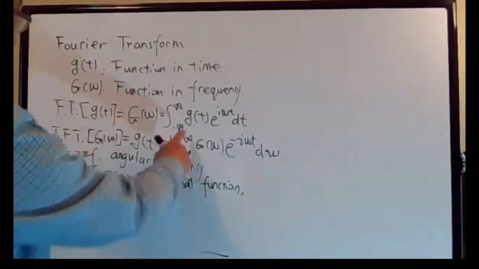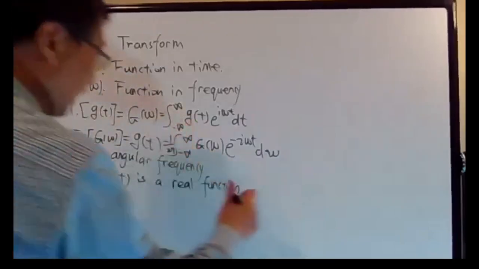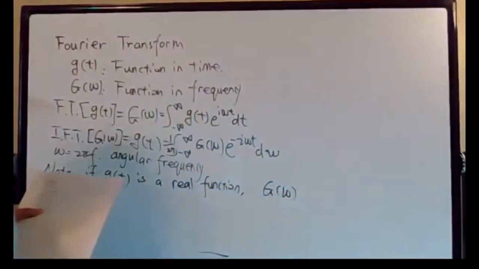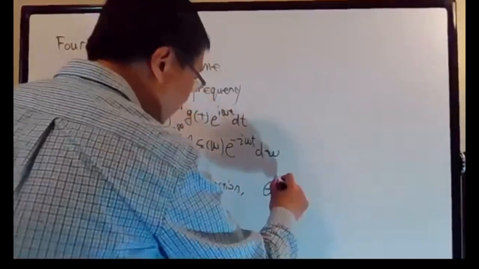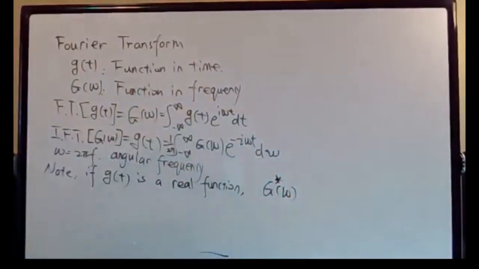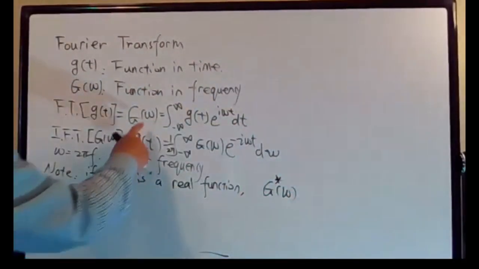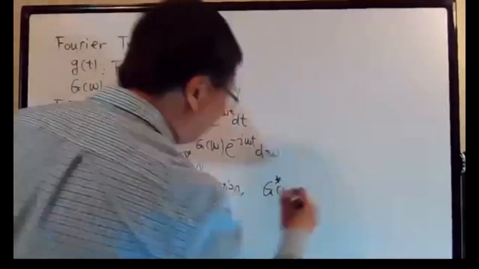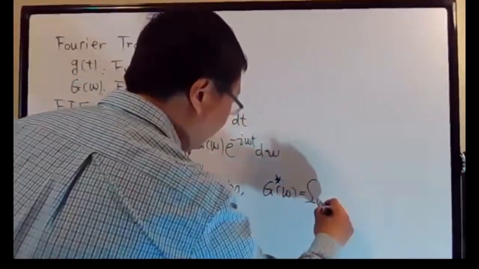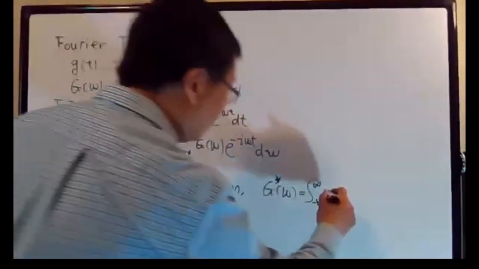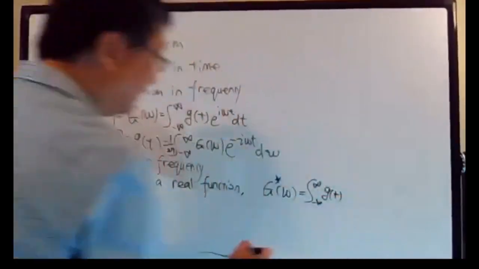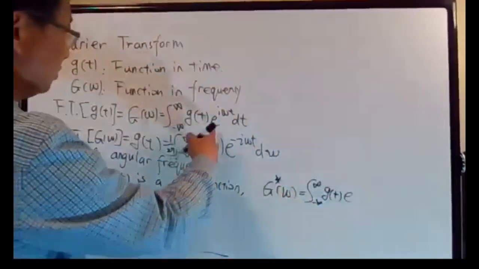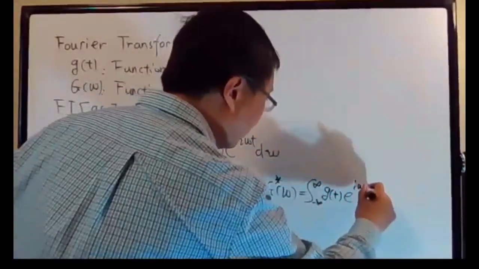If g(t) is the real function, let's take the conjugate of G(omega). Then we should take the conjugate on the right-hand side also. So that will be the integral from negative infinity to infinity of g(t) conjugate, and then the conjugate of exponential i omega t.